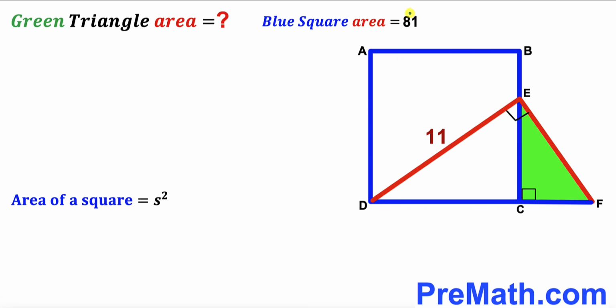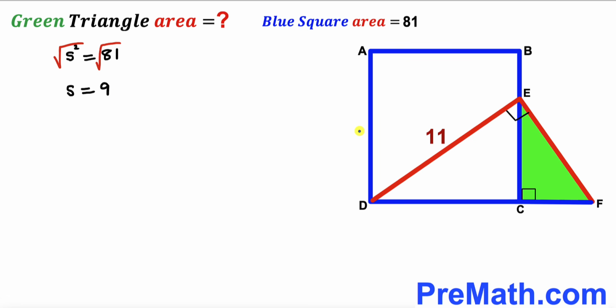In our case, the area is 81, so s squared equals 81. Undoing the square on both sides, the side length s turns out to be 9. So the sides of this blue square are 9, 9, 9 and 9 across the board.